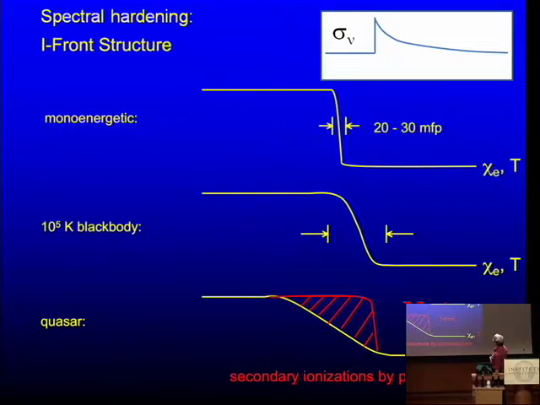And that means the higher energy photons can penetrate ahead, and they're not absorbed at this position. It broadens the I front, and it also pre-ionizes the gas.